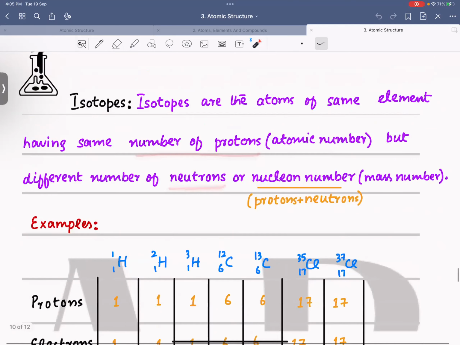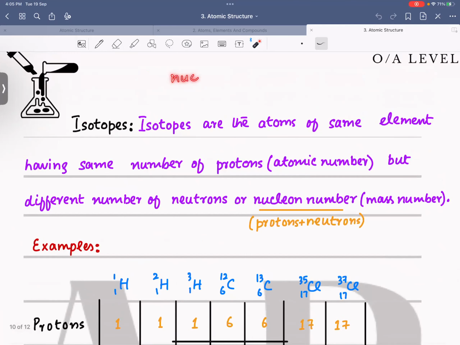And one more thing, if you recall, we have studied nucleons. Nucleons are the sum of the protons and neutrons in an atom. So if neutrons change, then obviously the nucleon number also changes. So we can define isotopes as atoms with the same number of protons, but a different number of neutrons, or a different nucleon number.